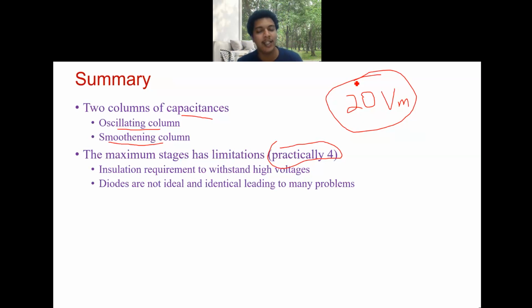There is nothing like an ideal diode, and there are no two identical diodes. So the voltage drop will not be the same at each diode and load, and that will affect. Due to this, we usually don't go for more than 4 times the voltage level.